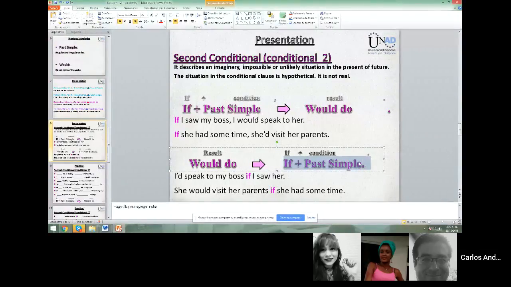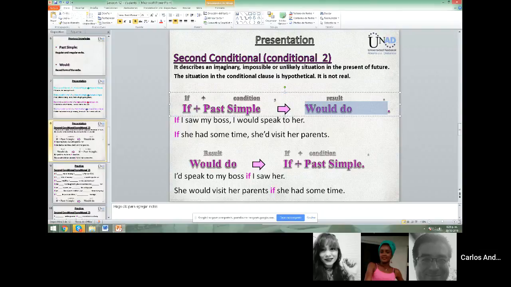What happens? The probability of something that is impossible, imaginary, unlikely, or hypothetical is about the if clause, the conditional clause. It's about the first action, and if this action happens, the second part, the result clause or the consequence clause, would happen or will happen.